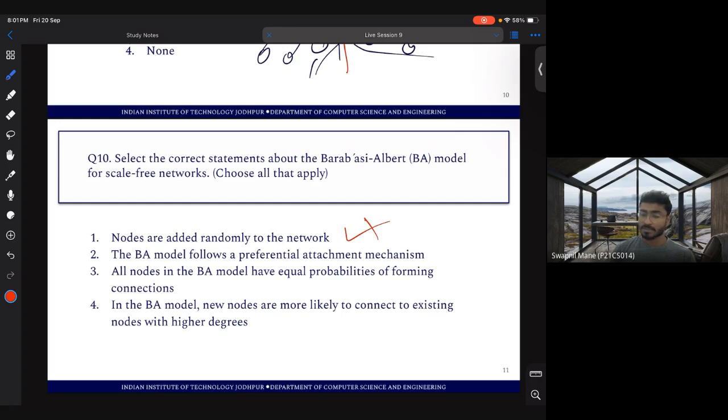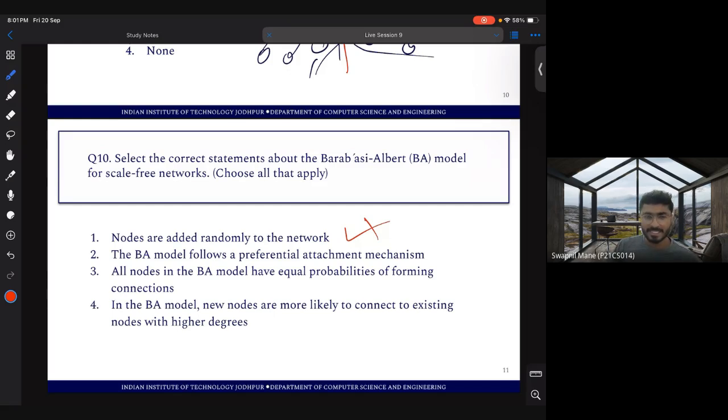The Barabasi-Albert model itself describes preferential attachment. It's not different in different models that we have seen, right? It describes how a new node is connected to existing nodes using preferential attachment, and after connecting, it follows a power law distribution. The whole process defines the Barabasi-Albert model, right?